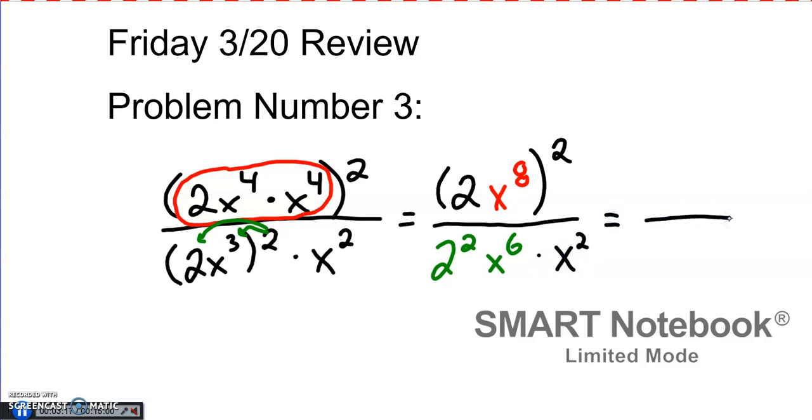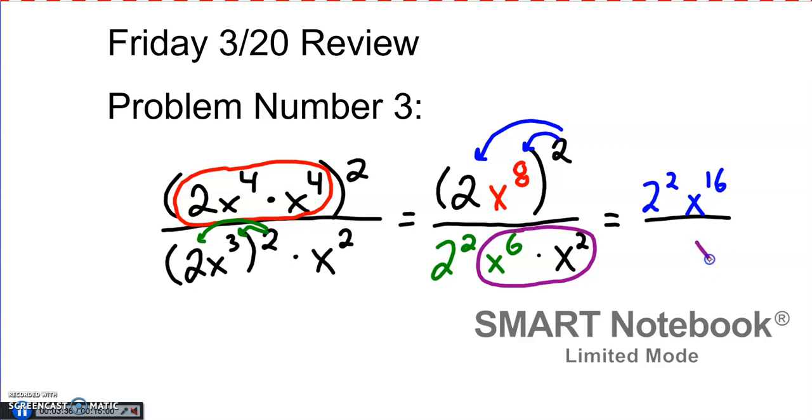In the numerator, I can distribute this 2 in, so I get 2 squared times x to the 16th. At the bottom, I have x to the 6th times x squared, so I'm going to get x to the 8th. And I'm going to bring over that 2 squared.